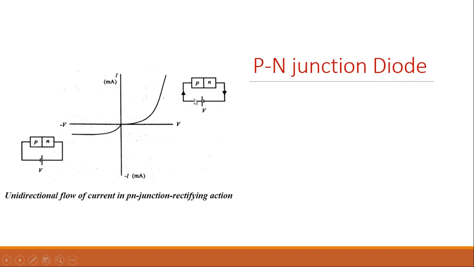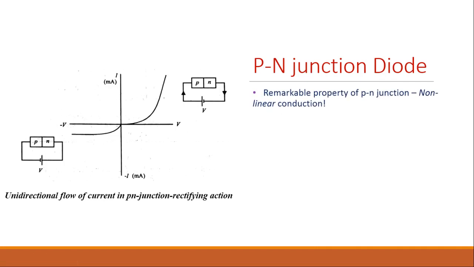When the positive terminal is connected to p and the negative is connected to n type, you can see a non-ohmic behavior. And when the p-n junction diode is connected such that the negative terminal is connected to the p region and the positive is connected to the n region, you can see a very small current flows through the diode.